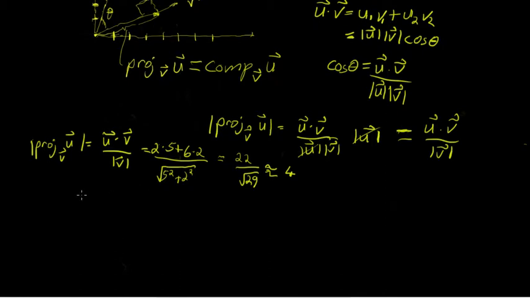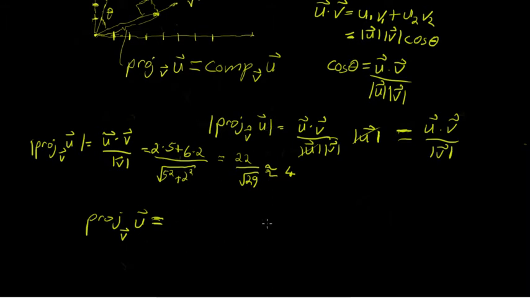But let's say we wanted to actually find out what this vector itself is, not just the length, but the actual vector. Hopefully you remember that any vector is equivalent to the unit vector in its direction times the length.